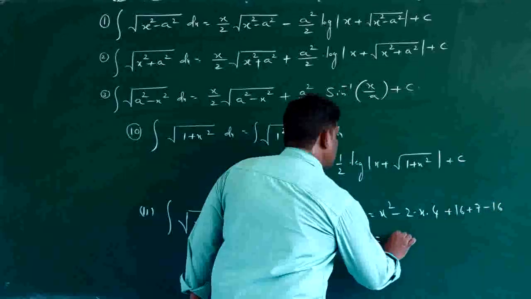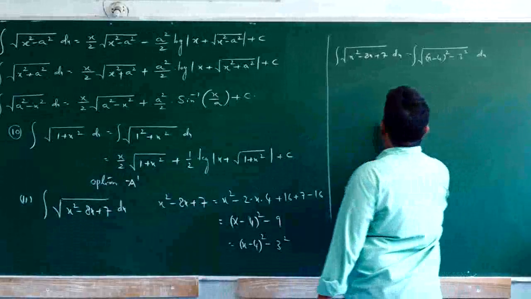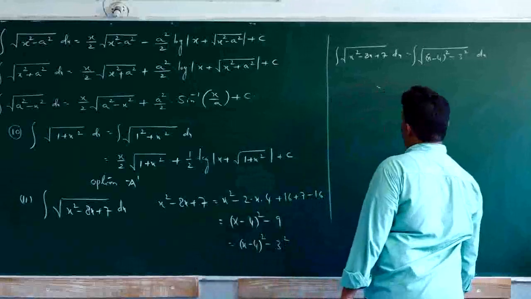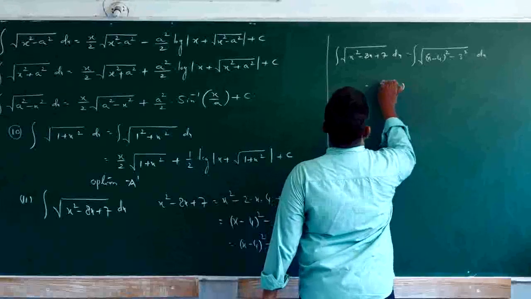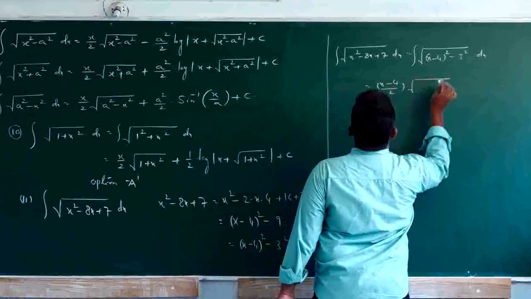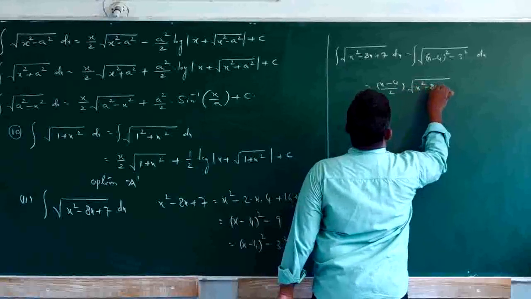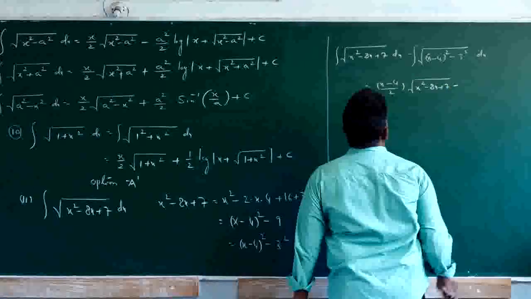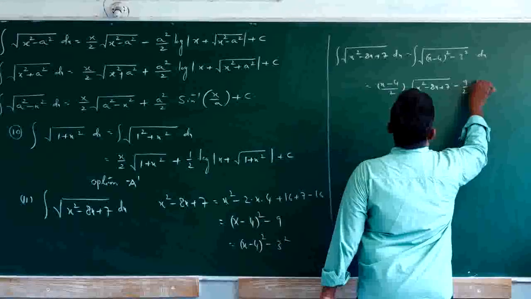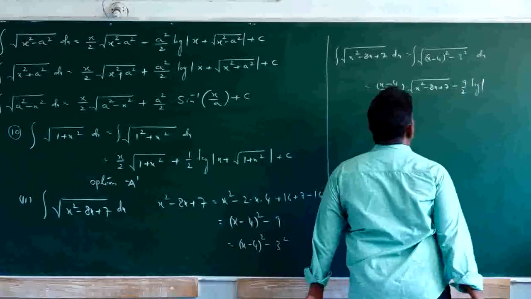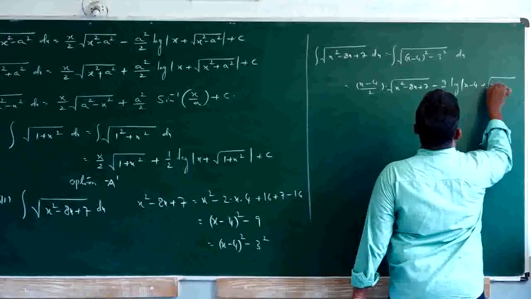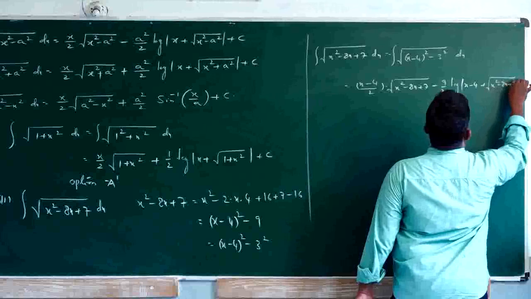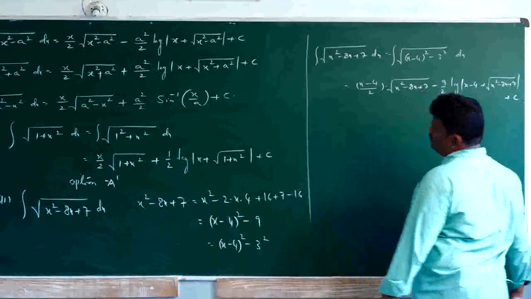Then we use the x² − a² formula, the first formula. So (x − 4)/2 into square root of x² − 8x + 7 minus a²/2, 9/2 log of x − 4 plus square root of x² − 8x + 7 plus c value.